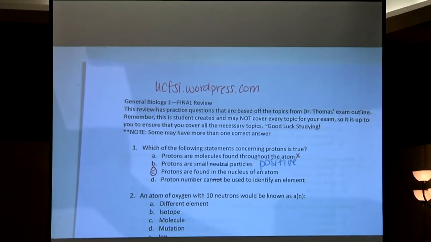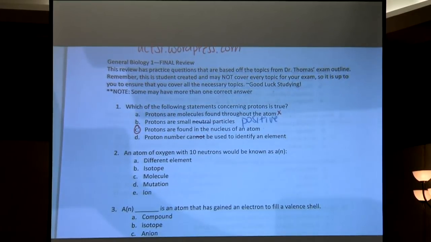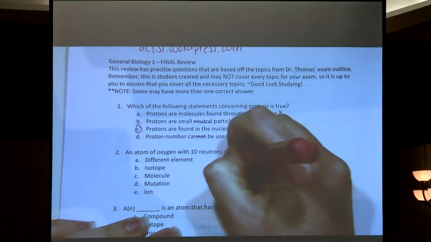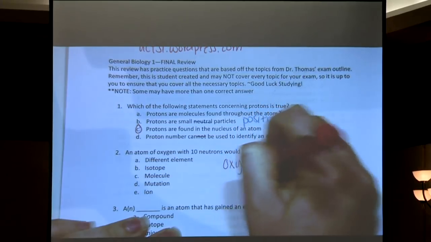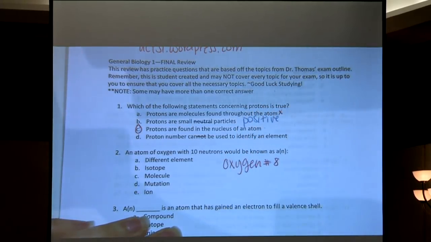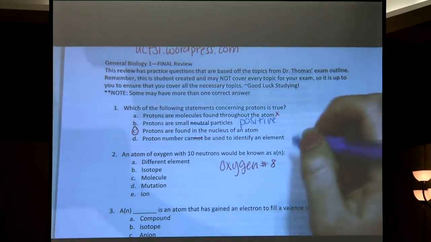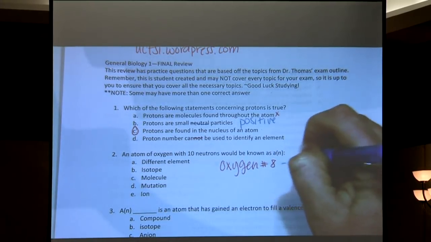For number 2, an atom of oxygen has 10 neutrons. What would this be known as? On the periodic table, oxygen is number 8. That means oxygen should have 8 protons, 8 neutrons, 8 electrons.